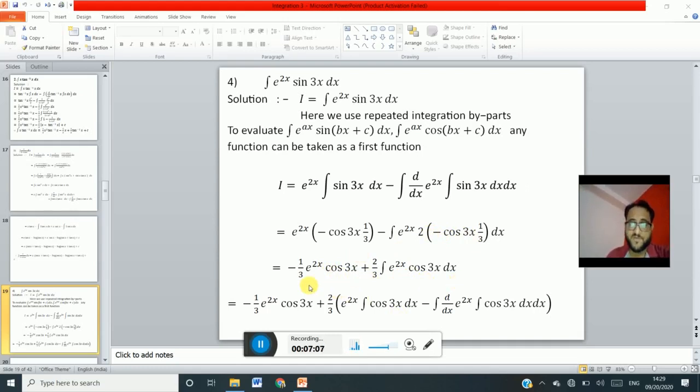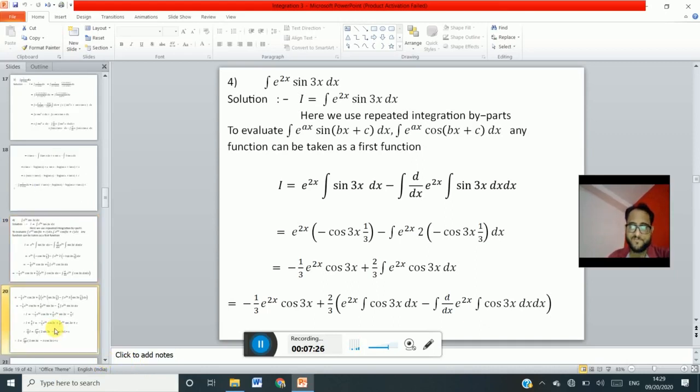So this is the first term as it is, and 2 by 3. Now again here we have to use the integration by parts rule, with e to the power 2x as the first function, integration of second minus integration of derivative of first into integration of second, right?